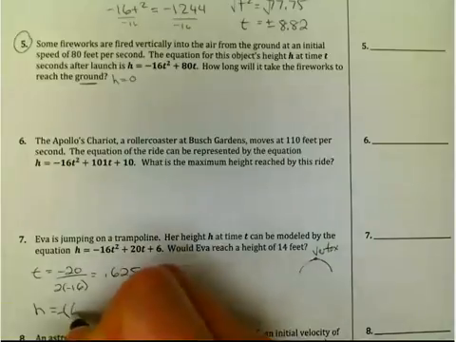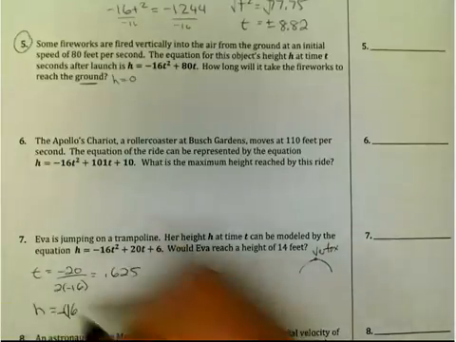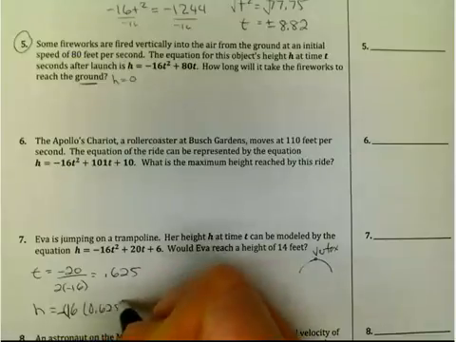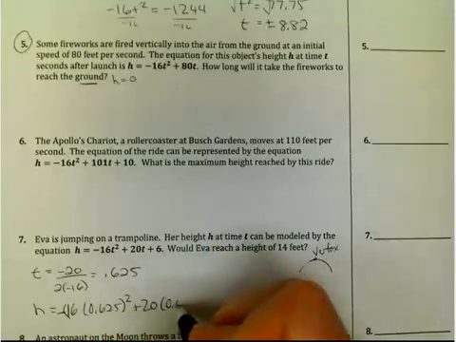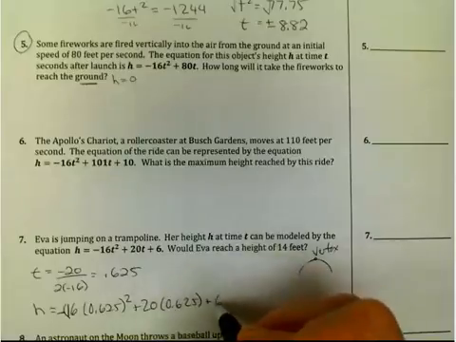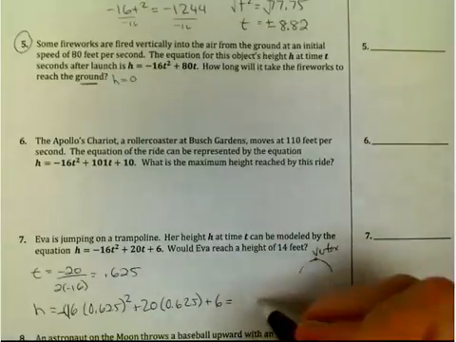So I have negative 16, sorry, that's a 16, times 0.625 squared plus 20 times 0.625 plus 6. And we're going to find that that equals 12.25.